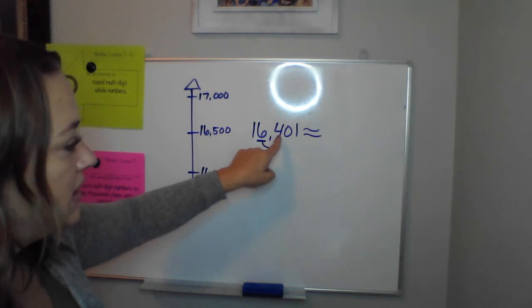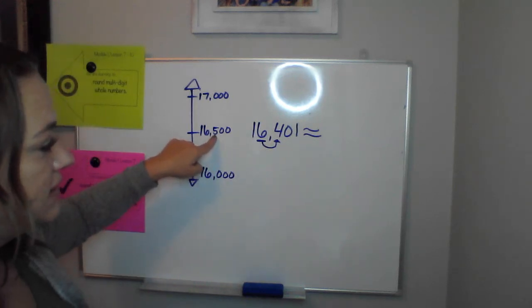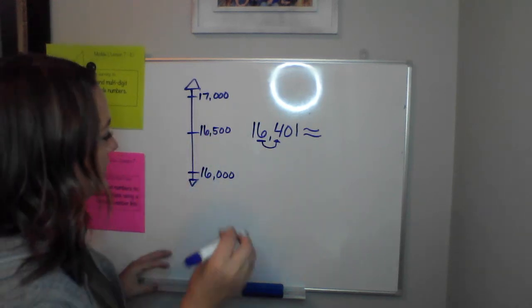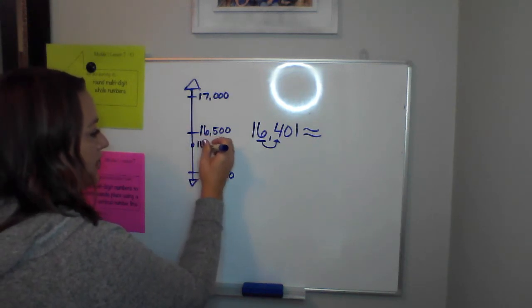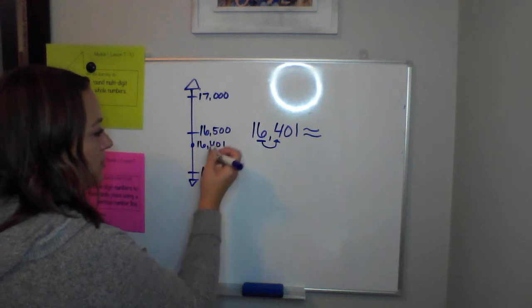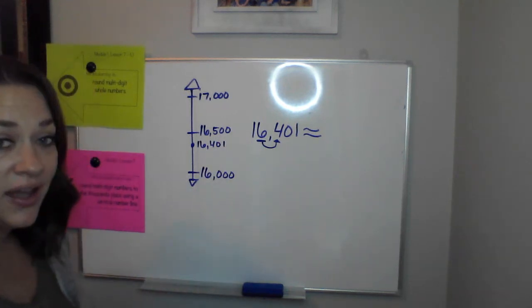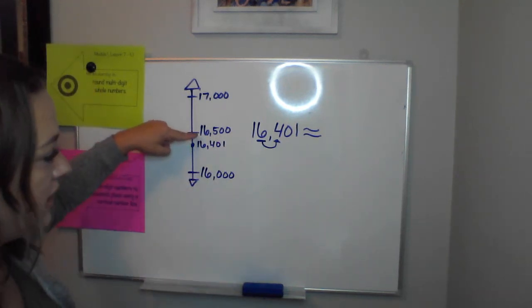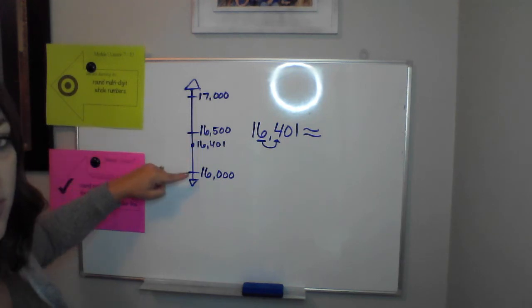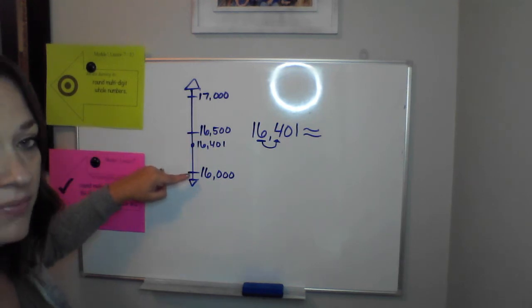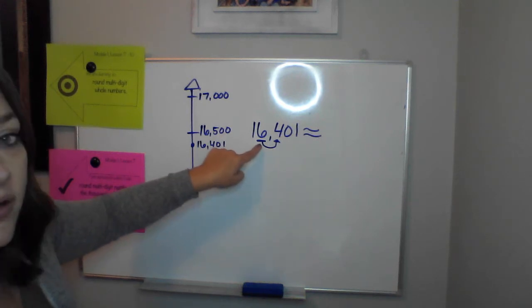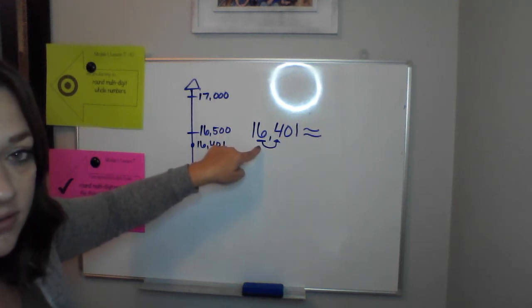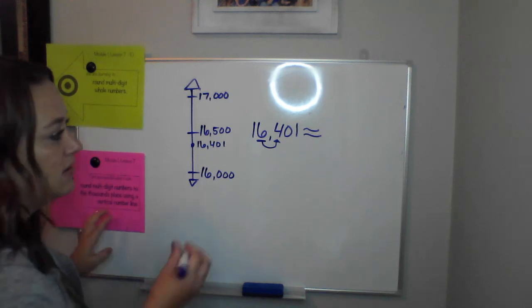So our hundreds place is 400, which is less than 5. So it's going to go below our midpoint, 16,401. So because it's lower than our midpoint, we round down. Okay, so 16,401 rounded to the nearest thousands place is 16,000.